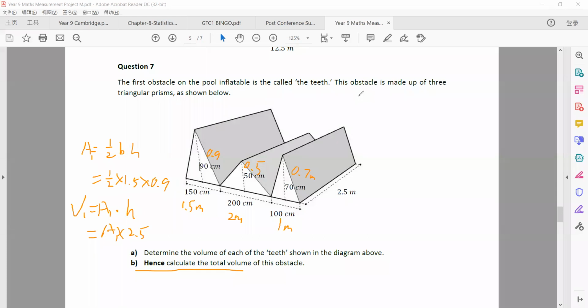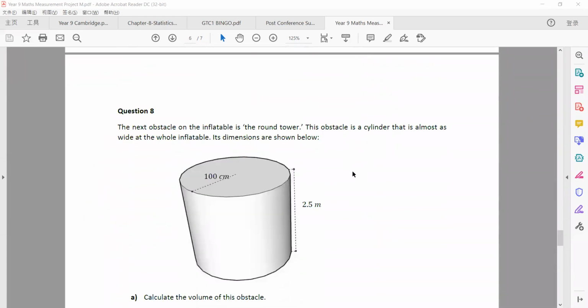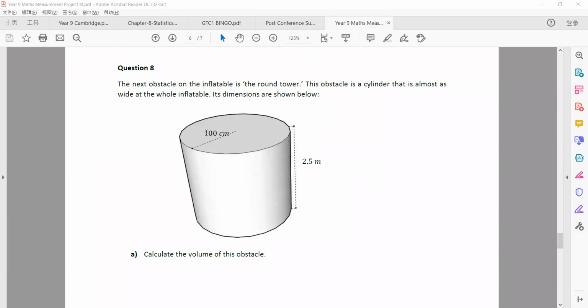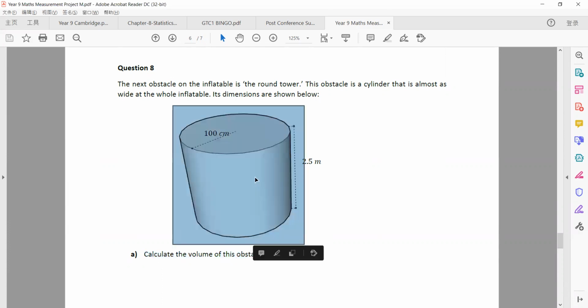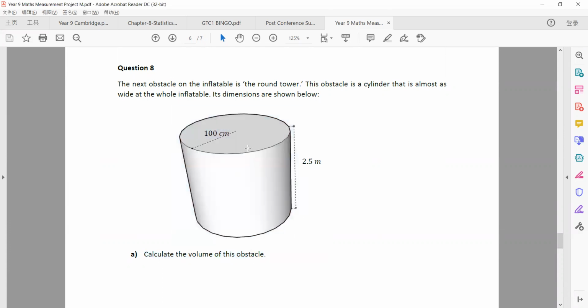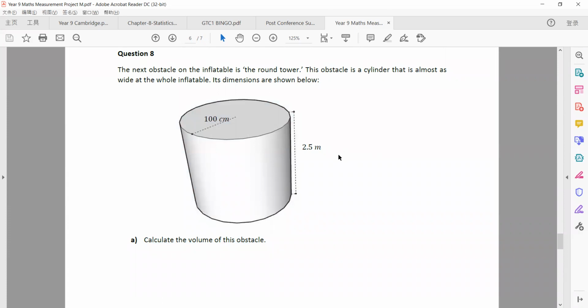That's it. That's easy. And for question 8, we have this cylinder, and it asks you to find the volume of this object. For the volume of a cylinder, you get the cross-sectional area times the height, so the volume is pi r squared times the height.